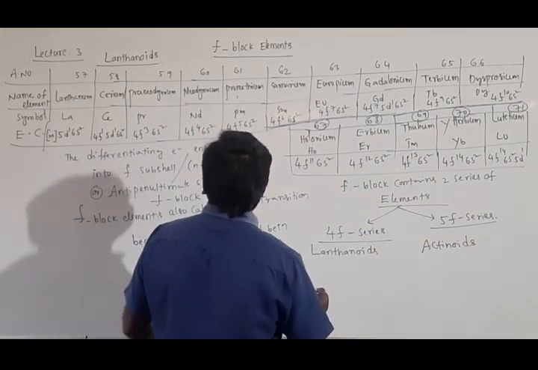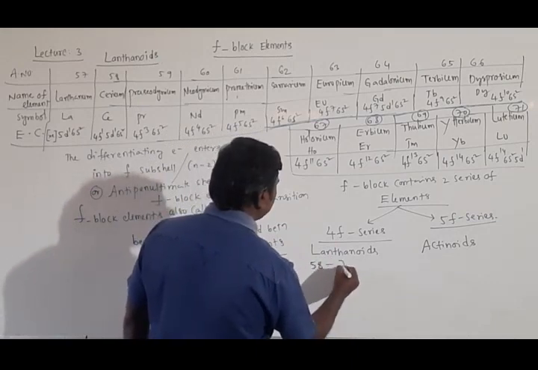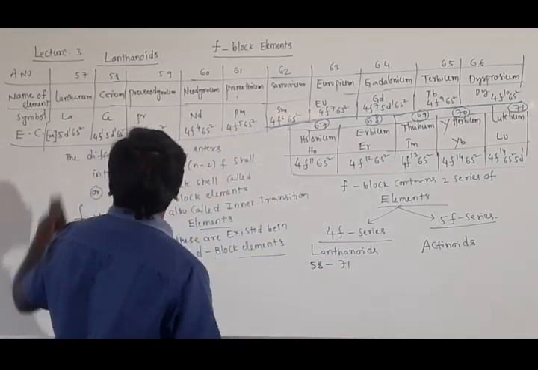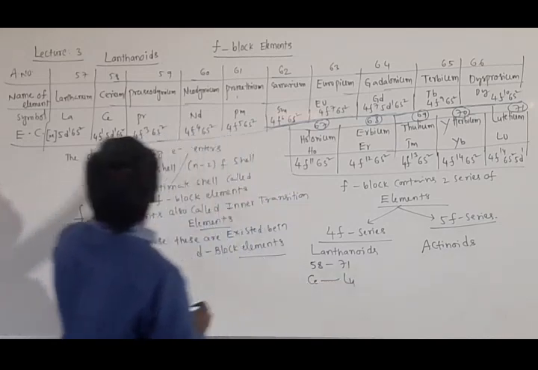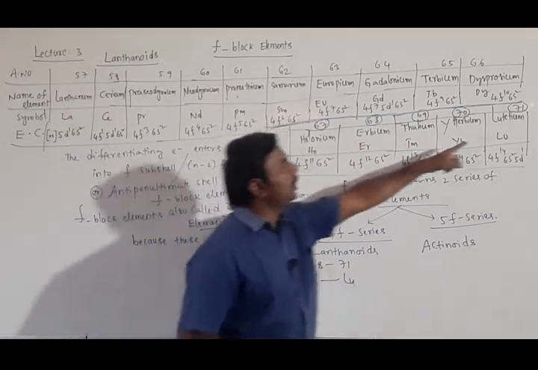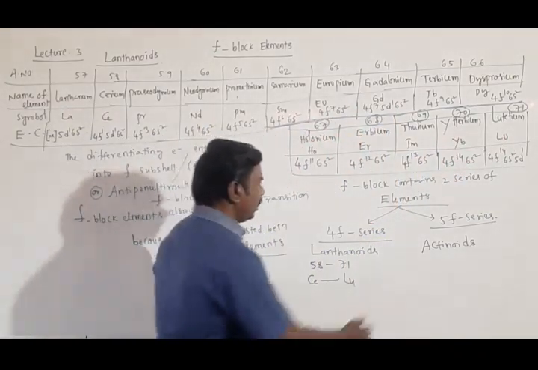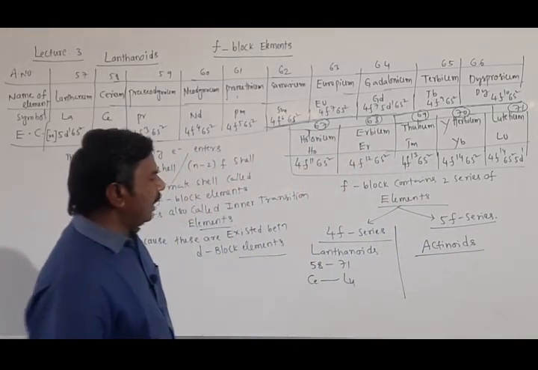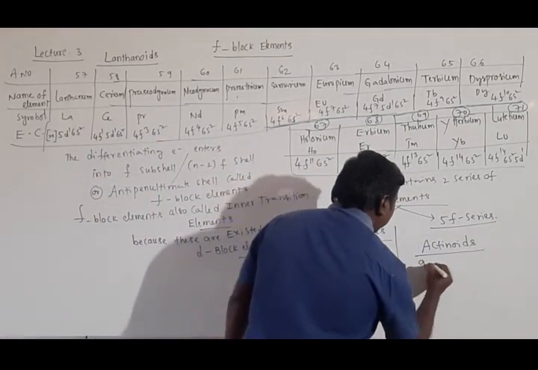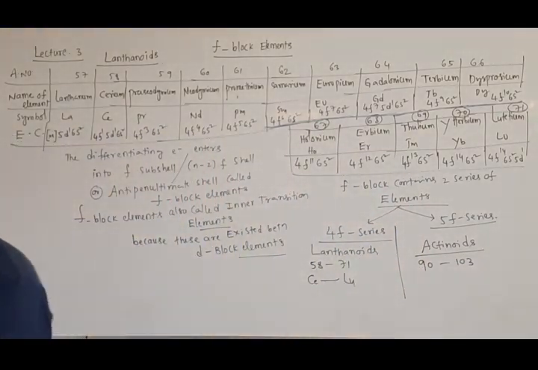So, lanthanoids are starting from atomic number 58 to 71. Starting element is cerium to lutetium. Similarly, actinoids are from atomic number 90 to 103.